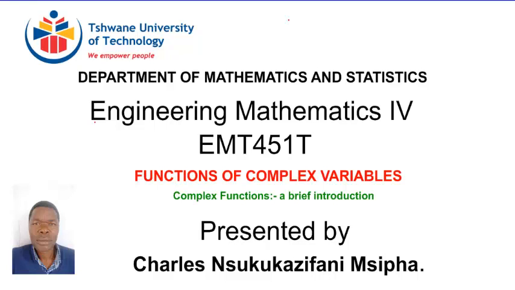Now, talking about a function, normally we refer to a function of a single variable. We always think of a situation where we've got two sets, let's say set x and set y.